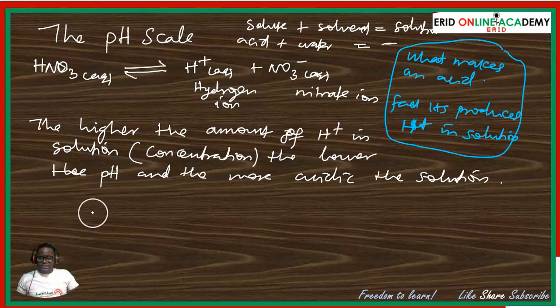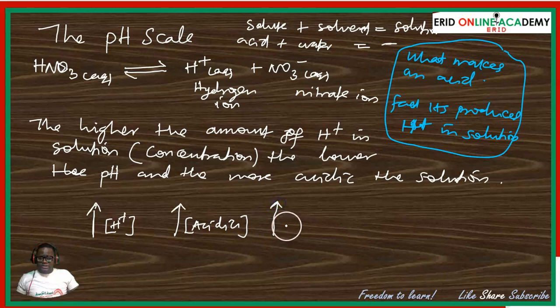So let's look at that. The higher the hydrogen ion concentration, in chemistry, a square bracket represents concentration. The higher the concentration of hydrogen ion in solution, the more acidic the solution will be, and the more acidic the solution will be, the lower the pH of the solution.